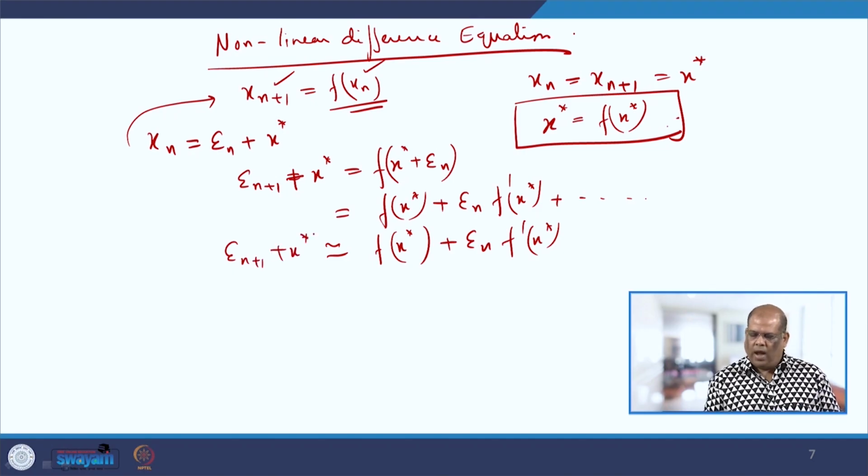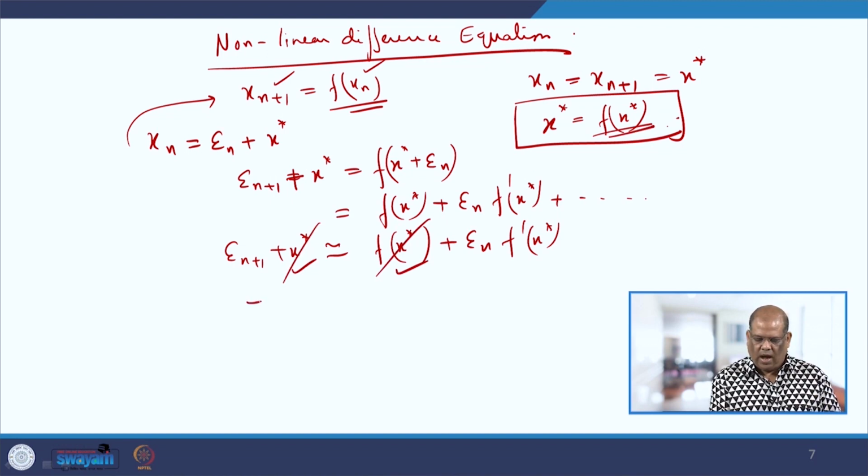Now, at the equilibrium point, x star is equal to f of x star. So, these two values are equal and hence they cancel, and you are left with epsilon n plus 1 equal to f dash x star into epsilon n.